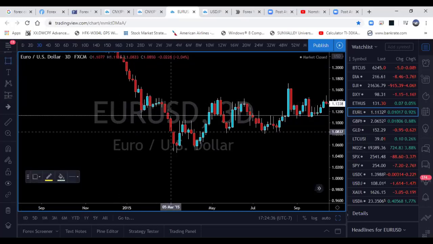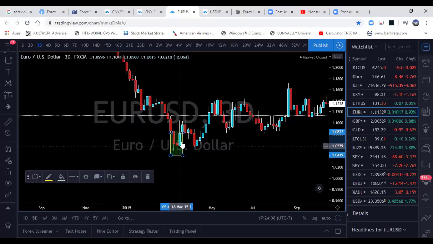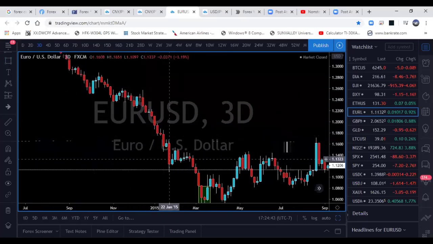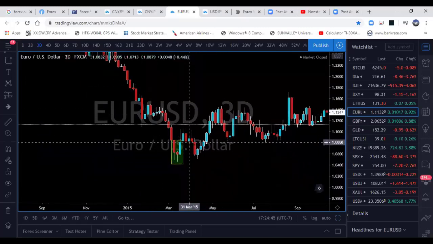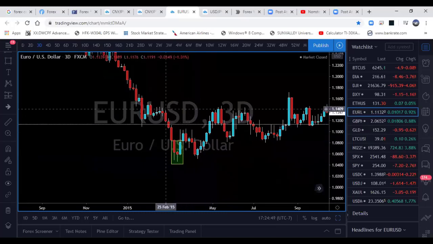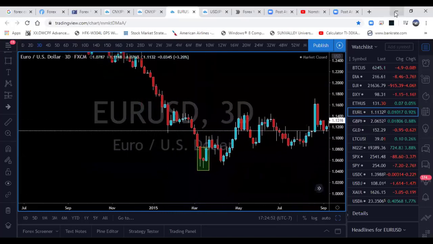But this pattern right here is a drop-base-rally, right? And this is typically found at the very bottom of a trending market. Now, this one right here retested into it and shot out. That worked, right? But when we find these patterns, it's just a reversal.